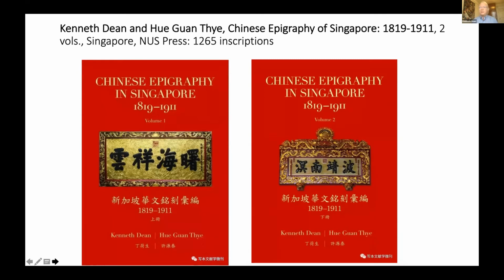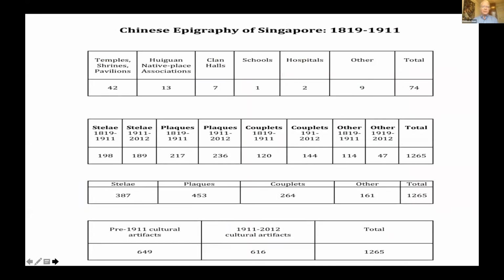So I urge everyone to have a look at what the library is trying to do through its Digital Gems initiative and through its efforts now to create broader frameworks to absorb and hopefully preserve over time many of the projects that are underway here. Getting back to my own projects in relation to Singapore studies, this is a collection on Chinese epigraphy and basically includes about 1,265 inscriptions of different kinds.